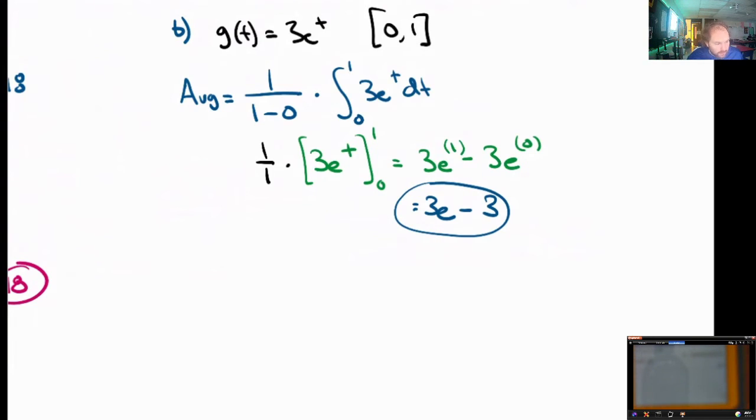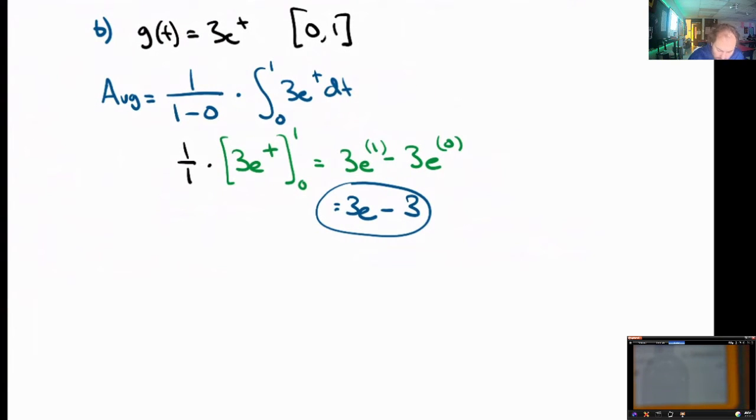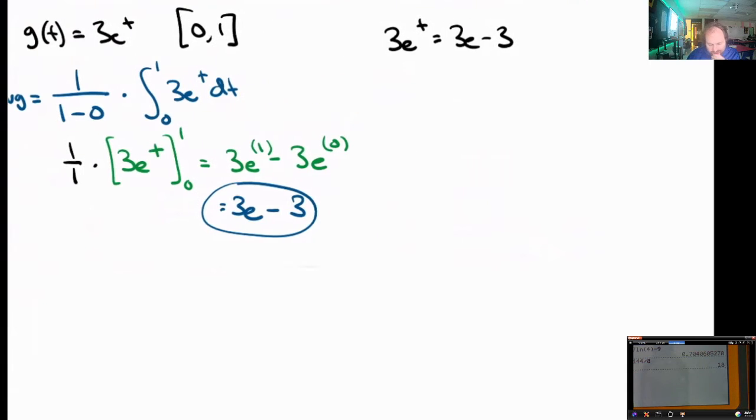Now, what we're looking for, let's see. We're looking for a time when the original function equals that. We're looking for when does 3 times e to the t equal 3e minus 3? There's probably a really easy way to answer this question. Without a calculator? Oh, you know what we should do? Whenever you have a problem like this that involves a variable up in the exponent, you should just take the natural log of both sides.